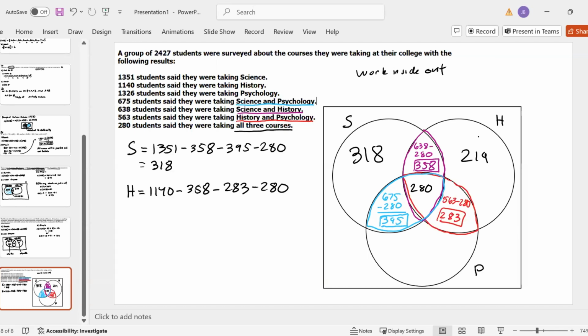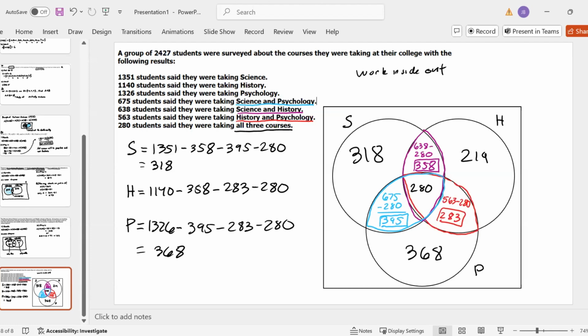Okay. And then the last one is psychology. 1326 minus 395 minus 283 minus 280. And if you do that one correctly, you're going to get 368. Okay.